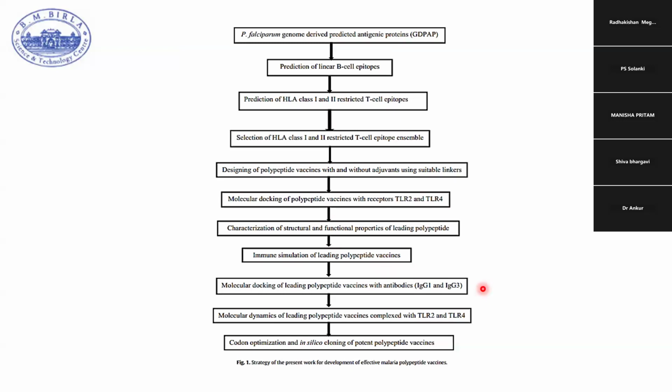Once you get good molecular docking scores, you can go for molecular dynamics simulation. And after that, you have to perform some codon optimization for your recombinant protein development. So these are all in silico work that you can perform.